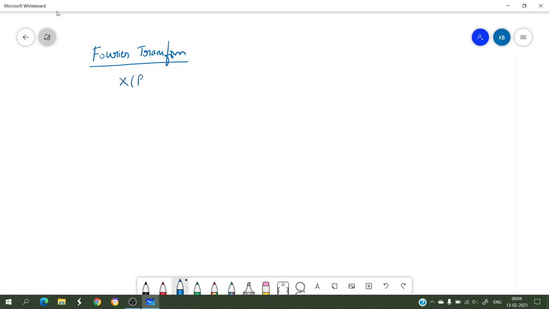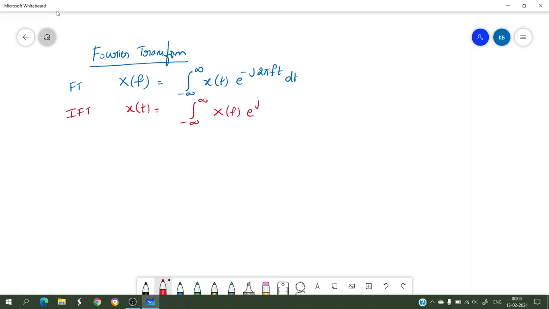First, X(f) is equal to integral from minus infinity to infinity of x(t) e power minus j 2 pi f t dt, and the inverse Fourier transform is x(t) equal to integral from minus infinity to infinity of X(f) e power j 2 pi f t df.